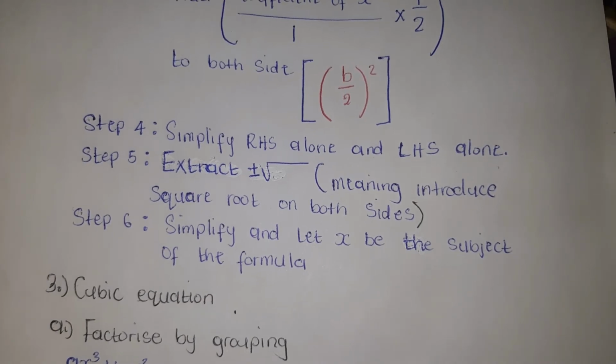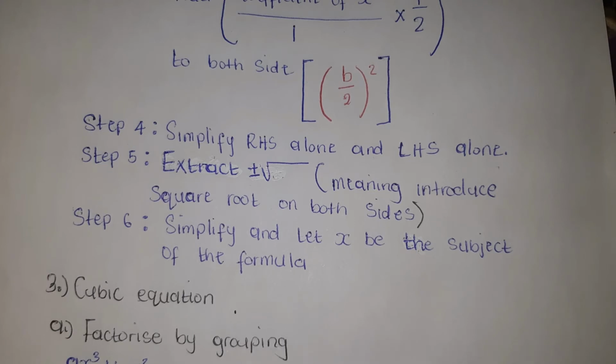Let's move on to solving methods of cubic equation. So cubic equation has 2 types of solving methods. Solving method number 1 is factorizing by grouping.